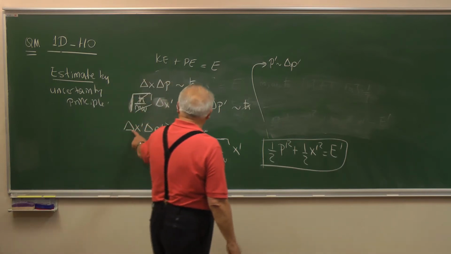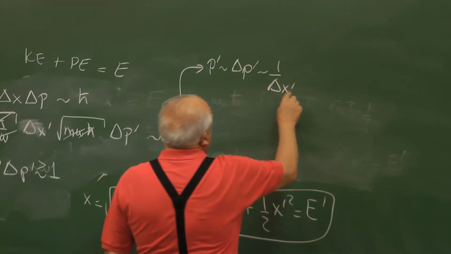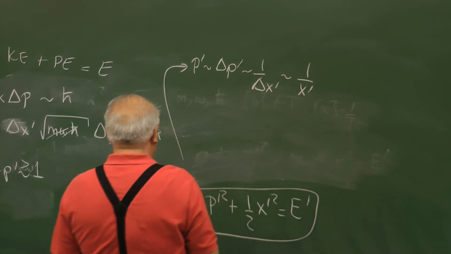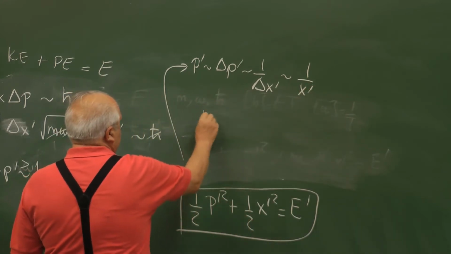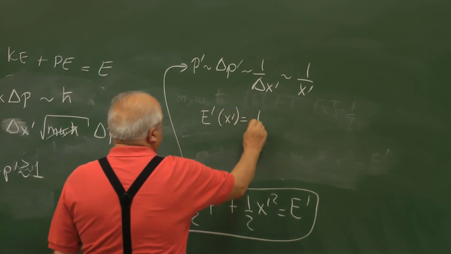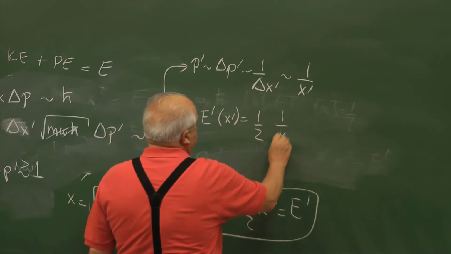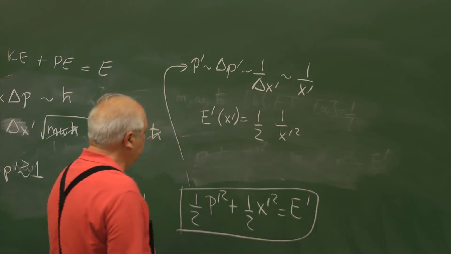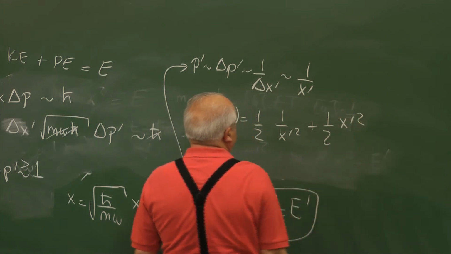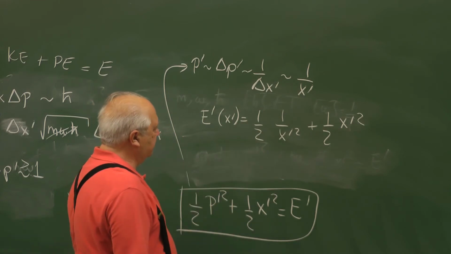Delta p prime is 1 over delta x prime, and if delta x prime is something like x prime, the energy equation becomes E prime, now a function of x prime, equal to 1/2 times 1 over x prime squared plus 1/2 x prime squared. So this is the form of the energy using the uncertainty principle.